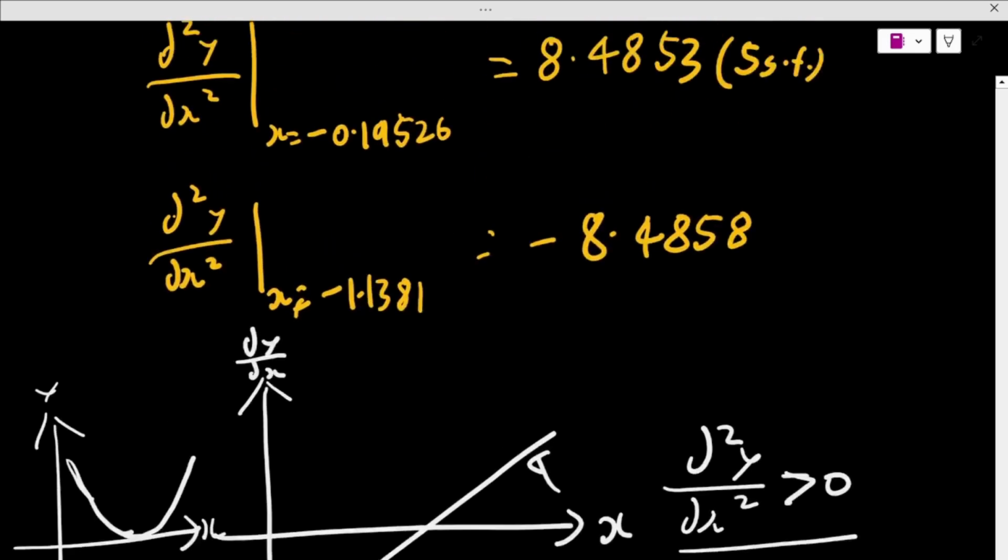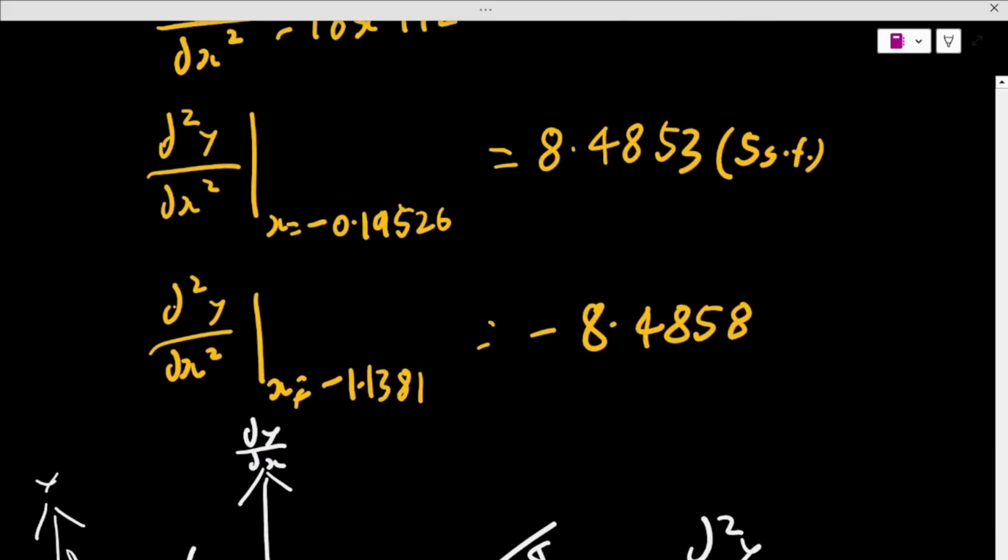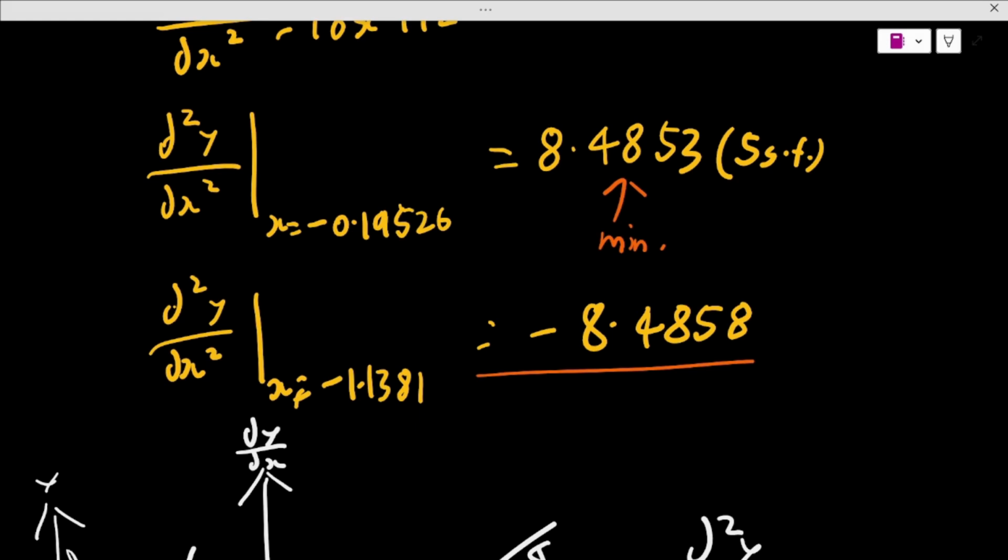Okay? We see that d2y/dx squared for x equals negative 0.19526 is greater than 0. So this right here is a minimum point. While this, because it's negative, means the stationary point at x equals negative 1.1381 is going to be a maximum point.